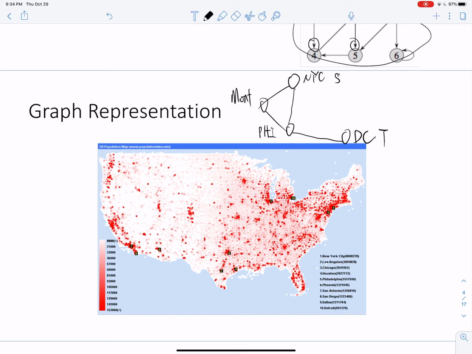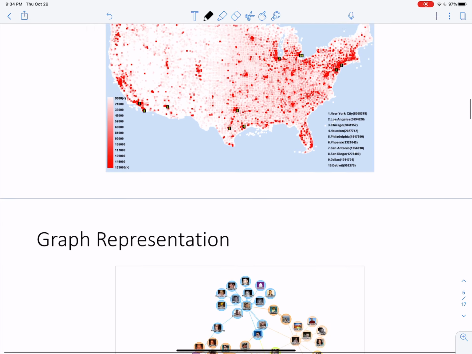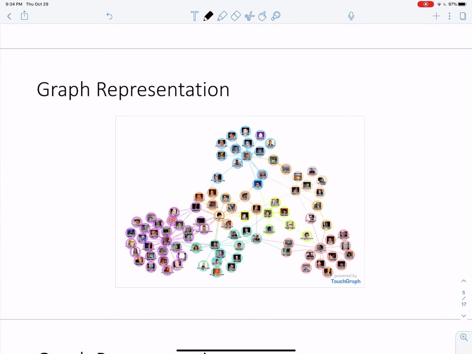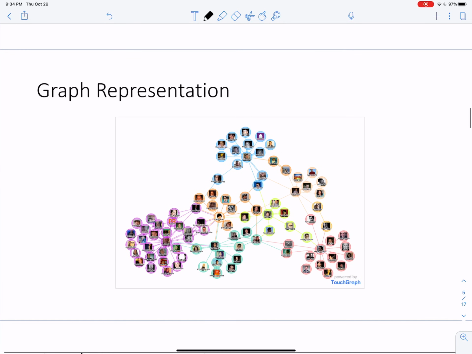So that's why we need the graph data structure, and also why we need search algorithms over the graph.